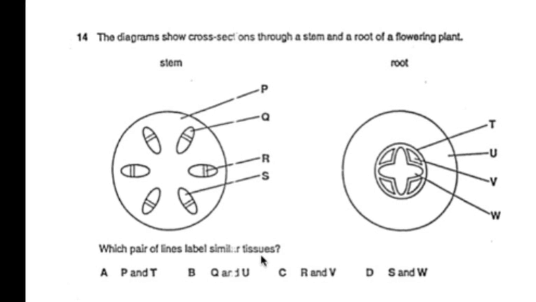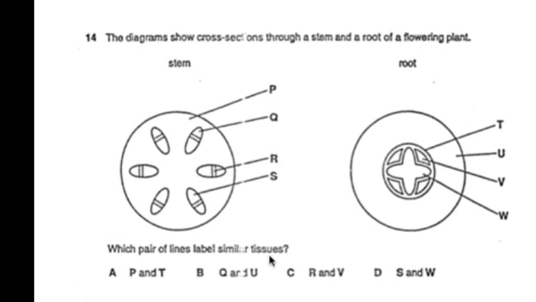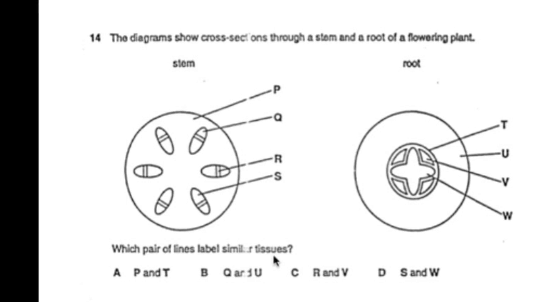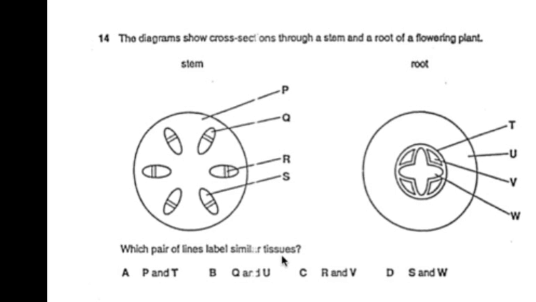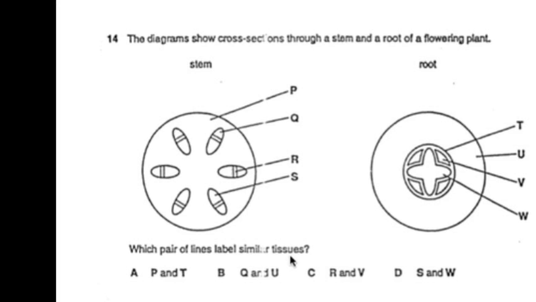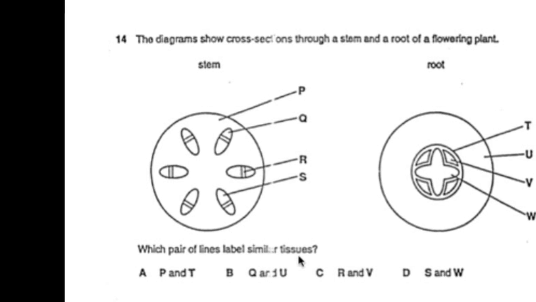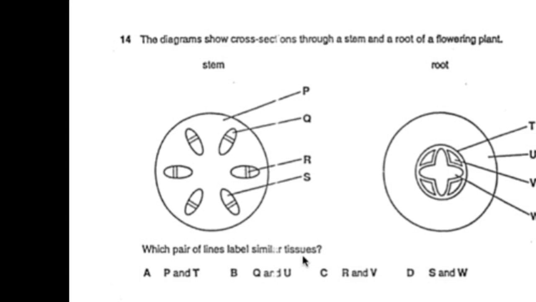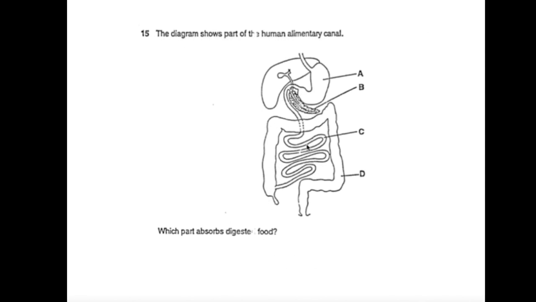The answer for this is D, S and W. That is because both of them are xylem, and they're both facing the inside. If we wanted to look at phloem, it would have to be V and Q, which we don't have in the options. So the answer should be D.